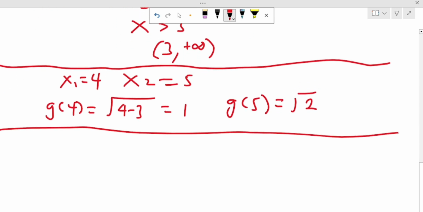Now we will come to what we call bounded functions.